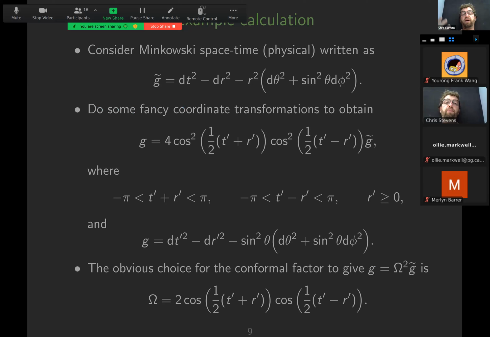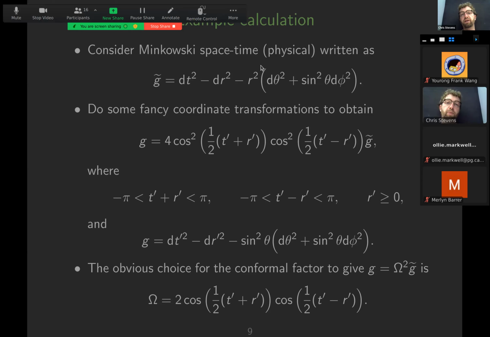Just to give an actual tangible example of this, the way that we found the spinning top picture was to take Minkowski space written in polar coordinates. This should hopefully look familiar. We do some fancy coordinate transformations, a way of writing the metric down so that we can do this conformal rescaling to get a well-defined conformal metric.